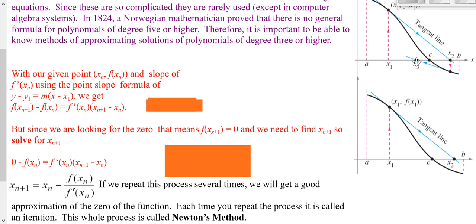Take our new x value here, do our tangent line, and we would come down and we get a spot here. So with Newton's method, you repeat this process several times. Now, a lot of times, after you do it 2, 3, maybe 4 times at the most, you have an extremely accurate answer to estimate this 0.